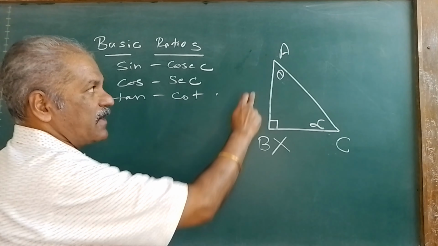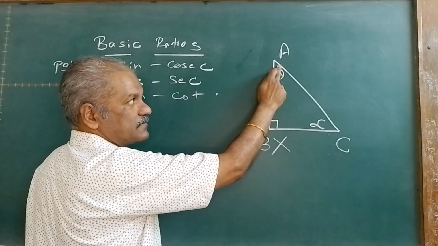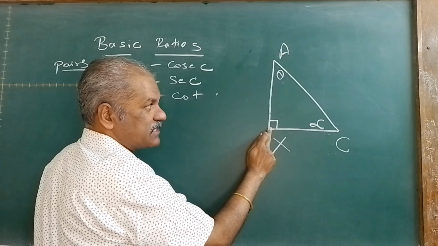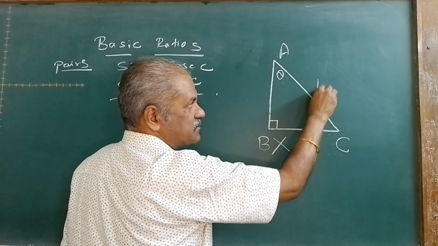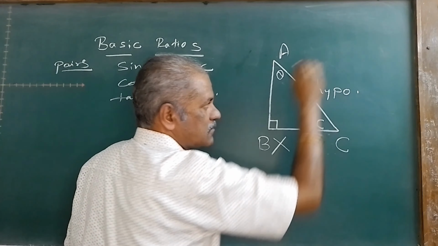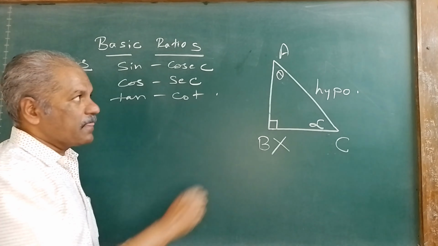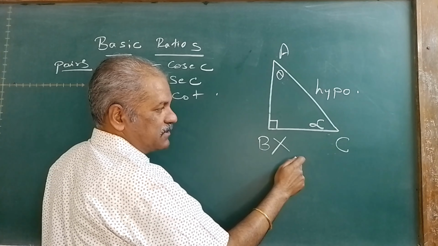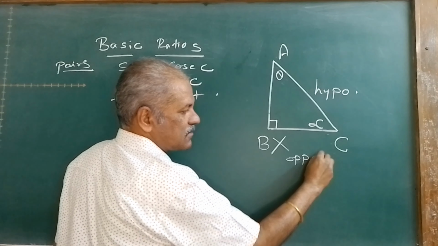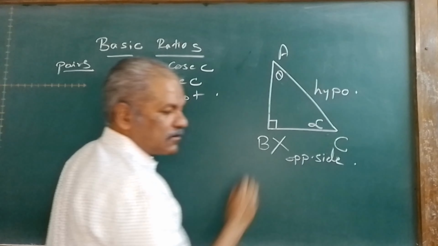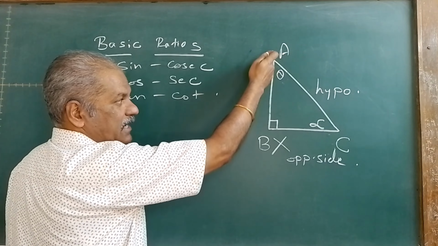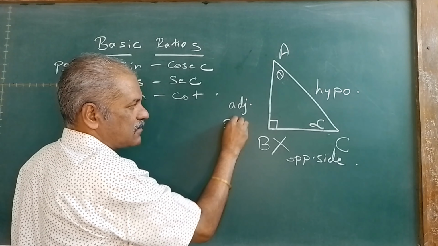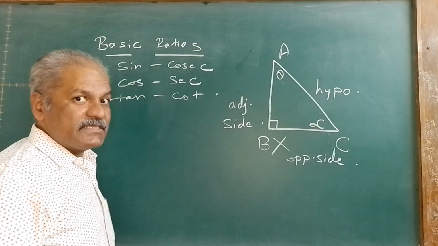Now, if I take angle A, as this is a triangle, you have three sides. Opposite 90 will always be the hypotenuse. Angle A opposite will be termed as opposite side, and AB will be termed as adjacent side.